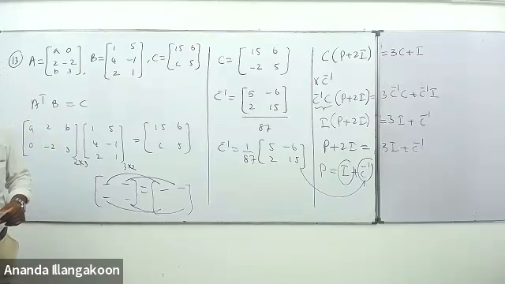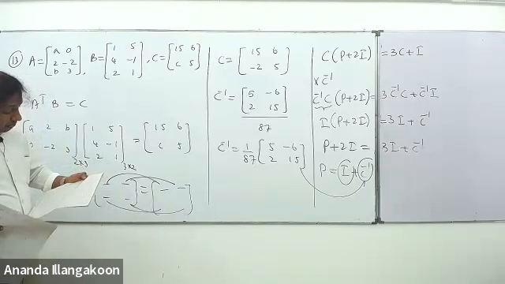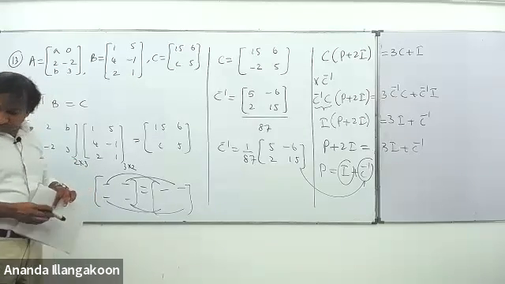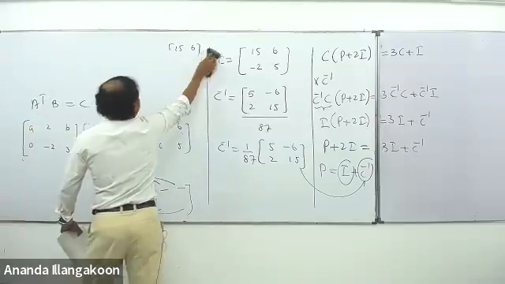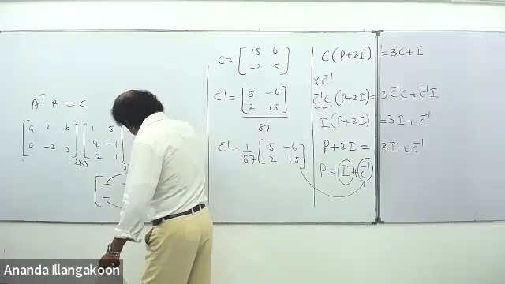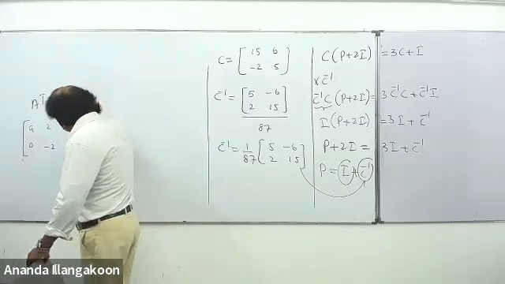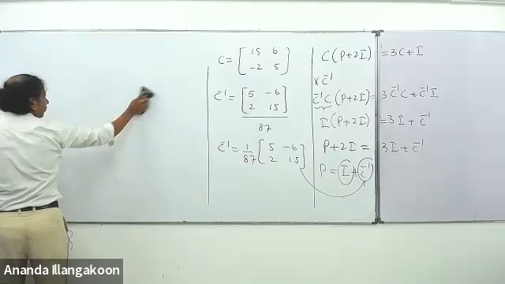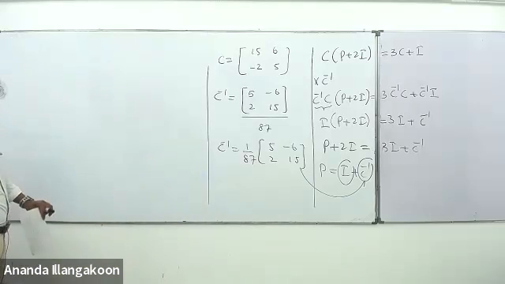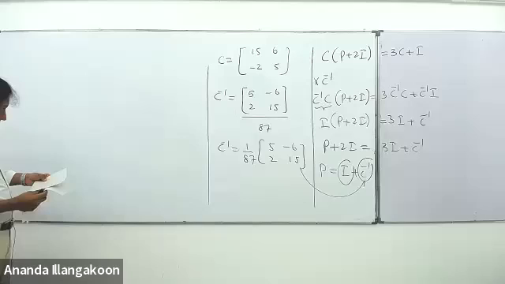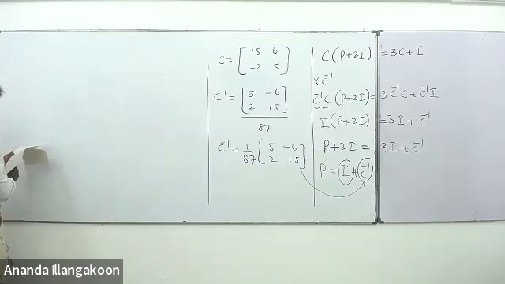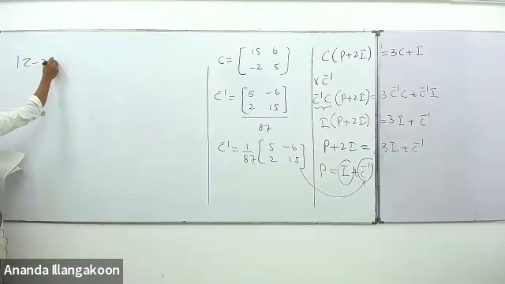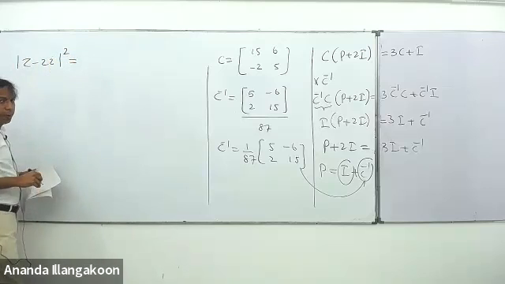Now part B, complex numbers. Show that the modulus of z minus 2I is a perfect square.